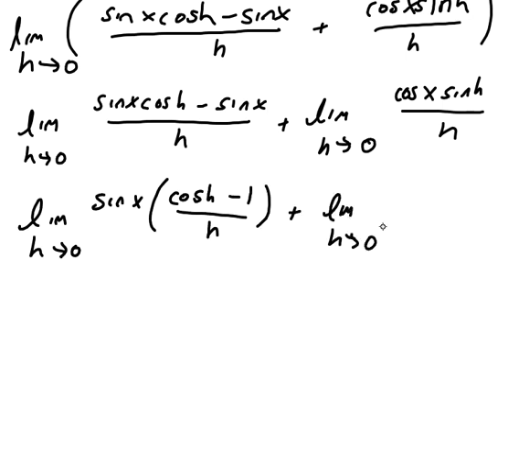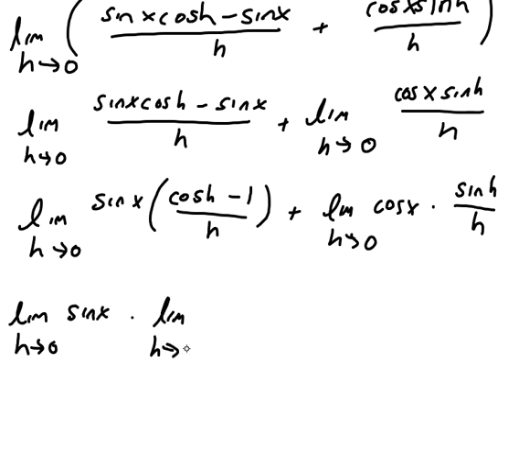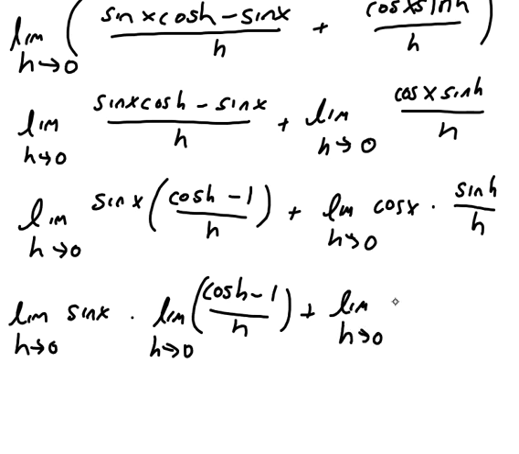And on this one, I'm going to pull the cosine x to the front for a moment, because now I'm going to split this into 4 separate limits. I'll have the limit as h approaches 0 of sine x times the limit as h approaches 0 of cosine h minus 1 all over h, plus the limit as h approaches 0 of cosine x times the limit as h approaches 0 of sine h over h.